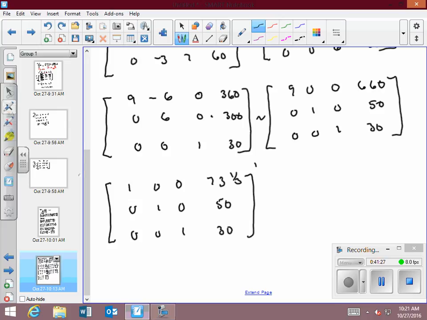So to produce 18 units of manufacturing, 15 units of agriculture, it takes the production of 73 and 1/3 of manufacturing, 50 of agriculture, and 30 of services.